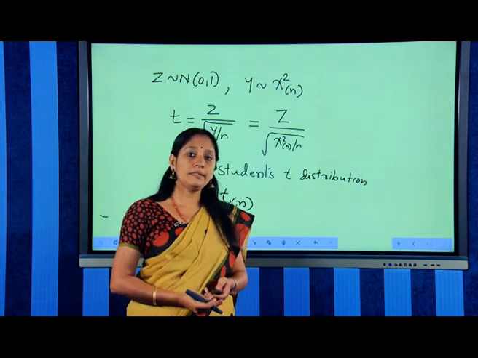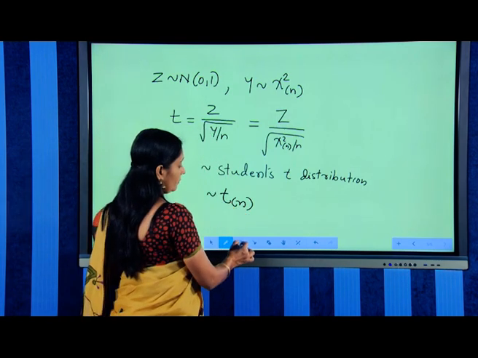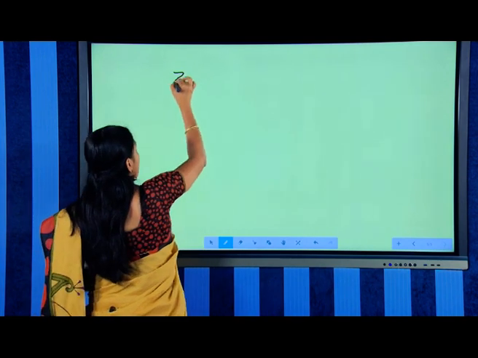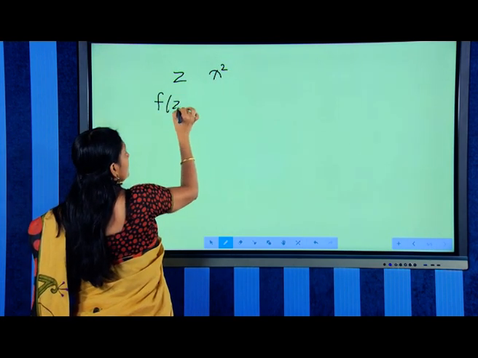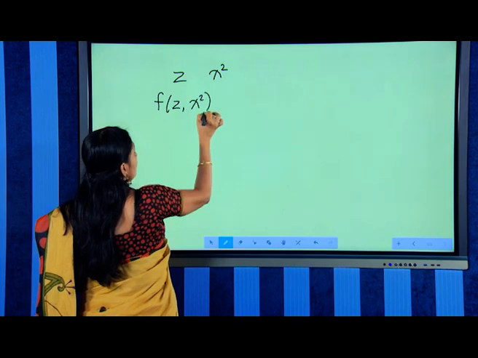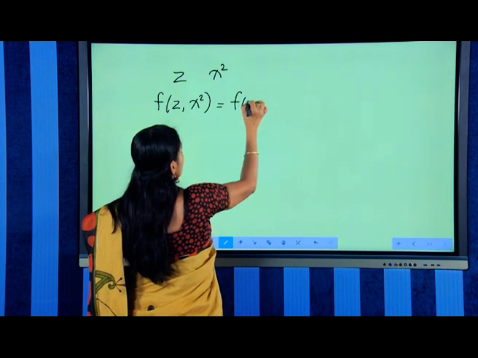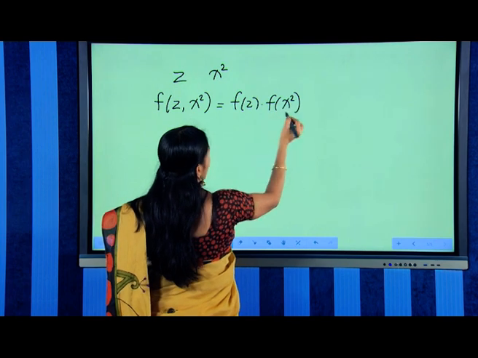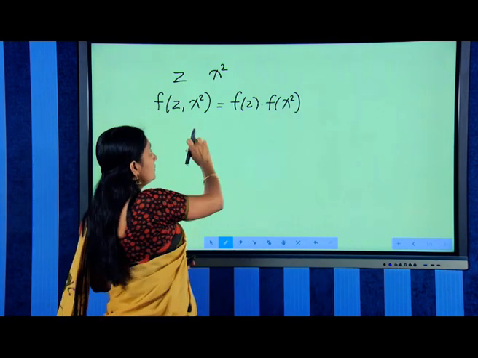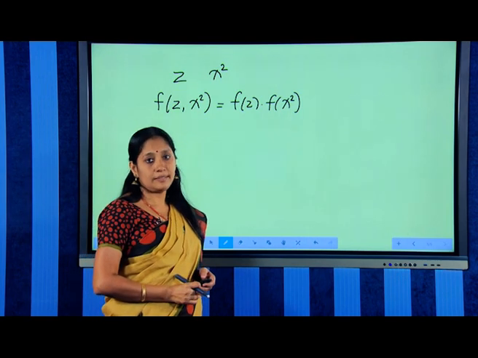To derive the Student's t distribution, we consider the joint density of the random variables Z and chi-square. So, the joint density of Z and chi-square is f(z, chi-square) equal to f(z) into f(chi-square). Since these two random variables are independent, the joint density can be written as the product of the marginal densities.